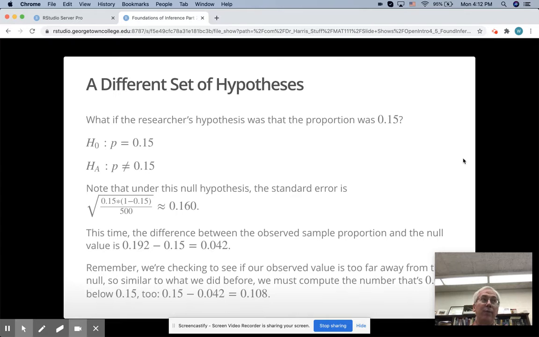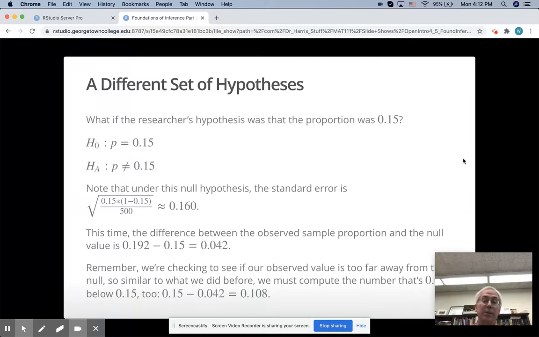And so if we want to figure out if we're 0.042 or farther away, we need to find what number is 0.042 below our null value. We compute the difference, 0.15 minus 0.042, and we get 0.108.